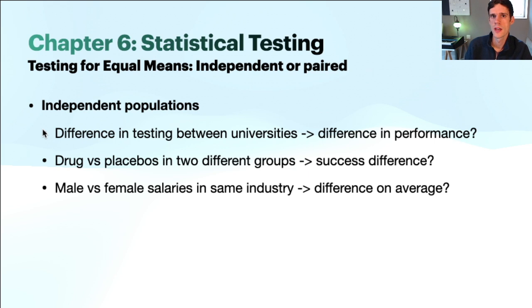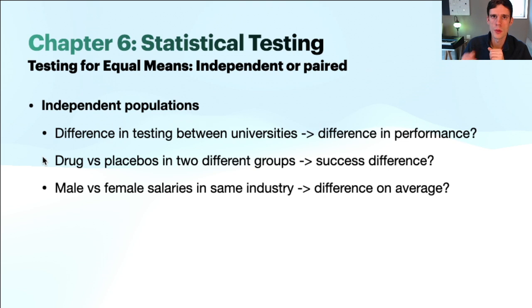Now, your task is to look at the performance between the students of these two universities. Now, these are clearly independent samples because not one student will be in the two samples, because most naturally, students only go to one university. So these are independent samples.